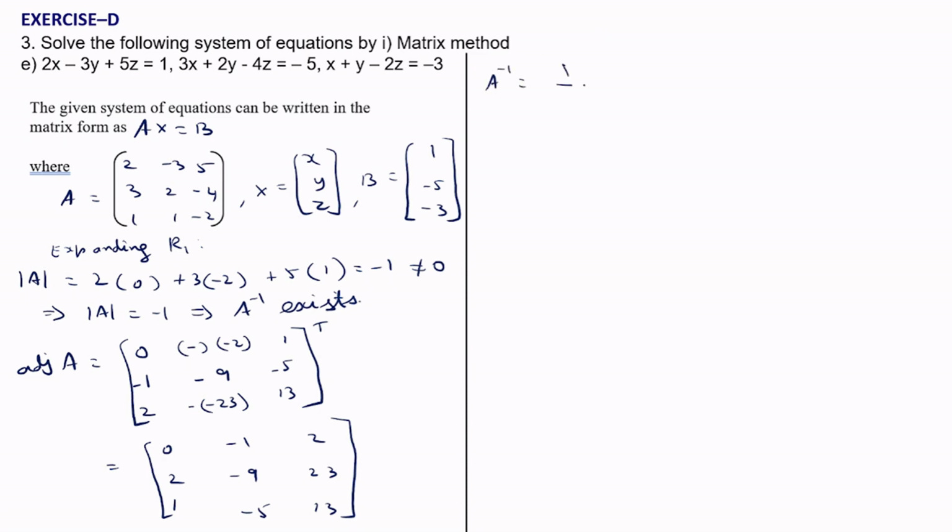A inverse equal to 1 by determinant of A into adjoint of A. So it is minus 1 by 1 into adjoint of A, which is 0, minus 1, 2, 2, minus 9, 23, 1, minus 5, 13.